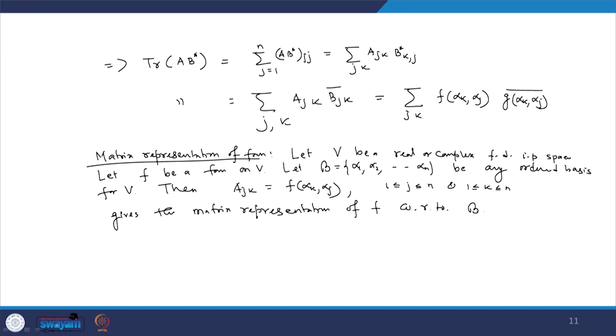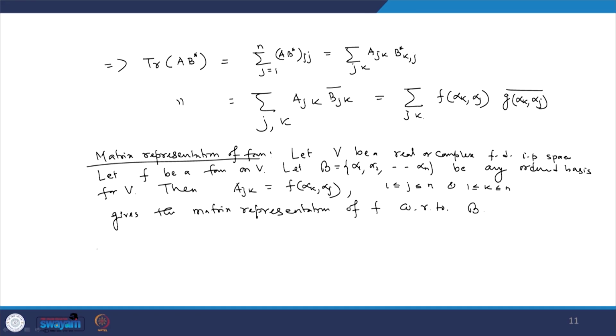They will be equal if we consider the ordered basis as an orthonormal basis. Otherwise, the matrix representation of the form will differ from the matrix representation of the corresponding operator.